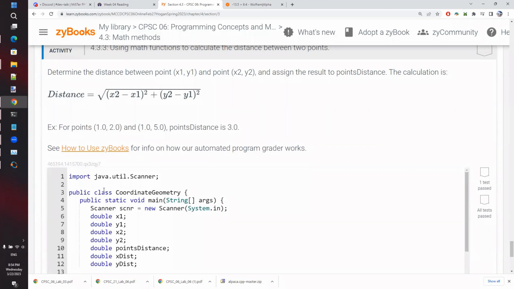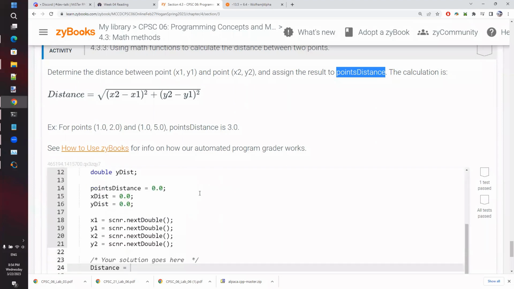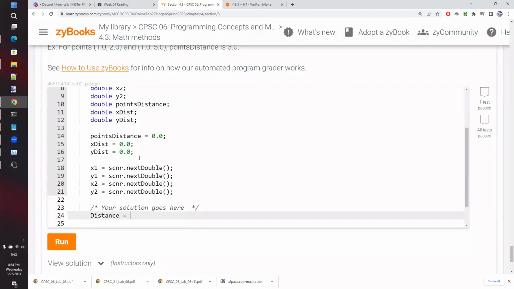And if you read, it says assign the result to points distance. And if you look at your list of variables, x1, y1, x2, y2, points distance, x distance, y distance, we have these variables here.